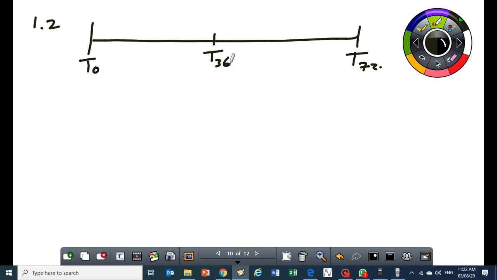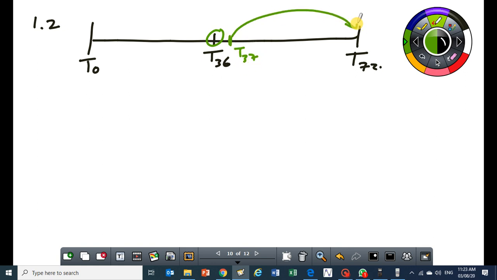Okay, so for whatever reason, the person decides to sell. So in terms of the number of payments left, it will be from T37 up to T72. So from T37 up to there, N is going to be equal to 36.